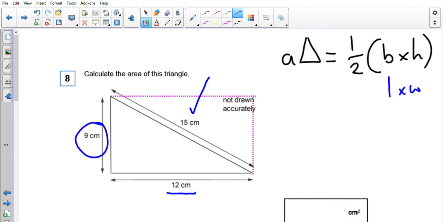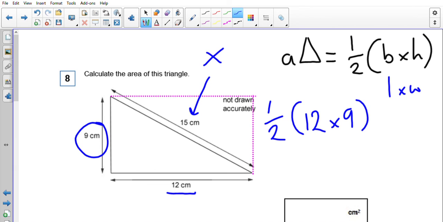This one's been included, but actually that's sneaky. I don't need that information. All I need to do is 12 times 9, base times the height, and I need to halve it, and that will get me my answer.